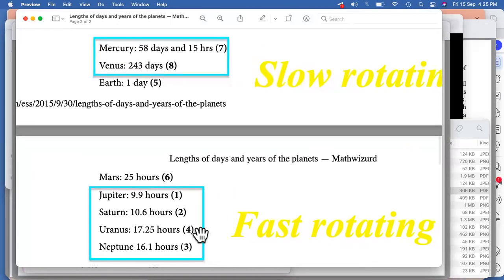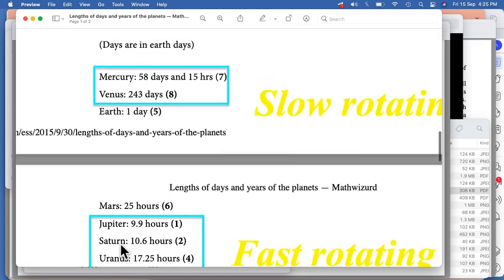What we see is the rotation which is there around its own axis. Jupiter is 10 hours, so this is the fastest. Saturn is 10.6, second fastest. Neptune is 16.1, Uranus is 17.2. So these are like 1, 2, 3 fast. These are fast rotating planets around their own axis.